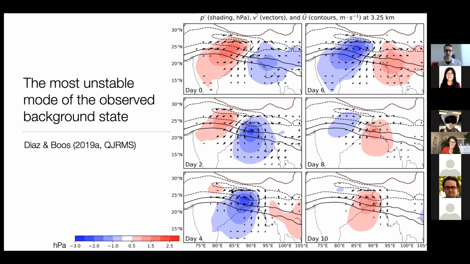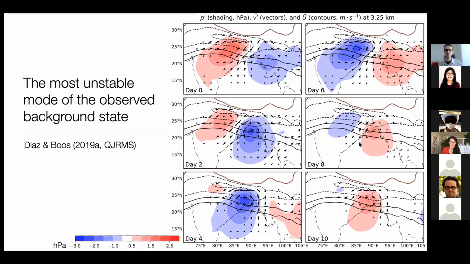We go 2 days later, it's intensified even more and moved further toward the west or northwest, very similar to the observed monsoon depressions over India. And we go through sort of a life cycle where it keeps moving to the northwest and then its intensity dissipates.